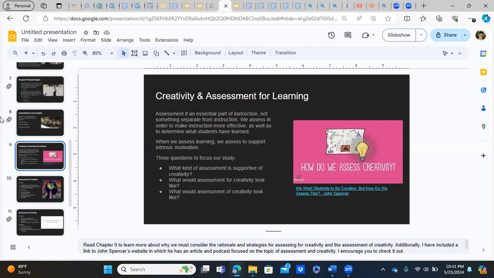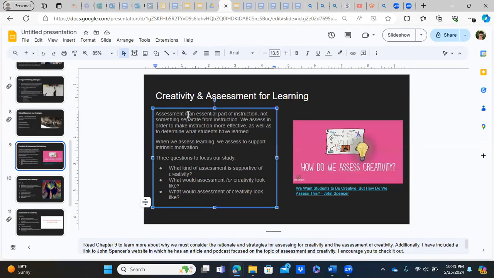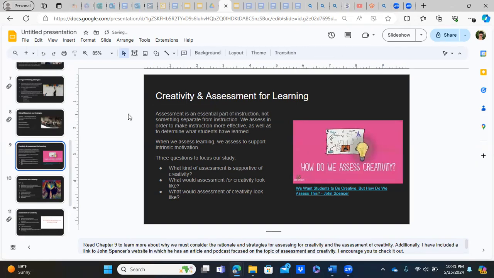Assessment is an essential part of instruction, not something separate from instruction. We assess in order to make instruction more effective, as well as to determine what students have learned. When we assess learning, we assess to support intrinsic motivation. So all of these are not only true of instruction, but they're true of creativity.